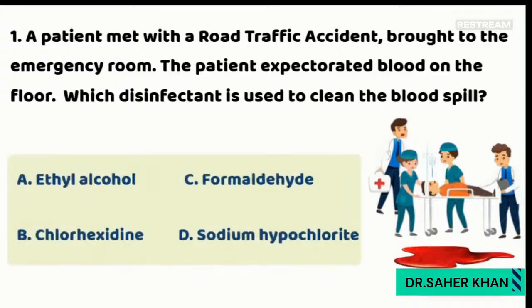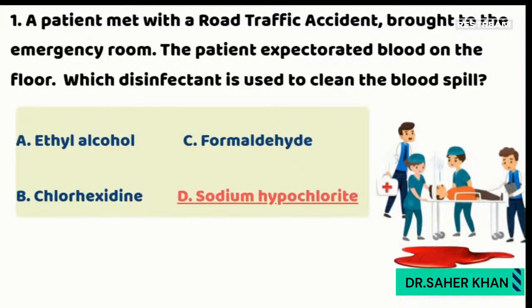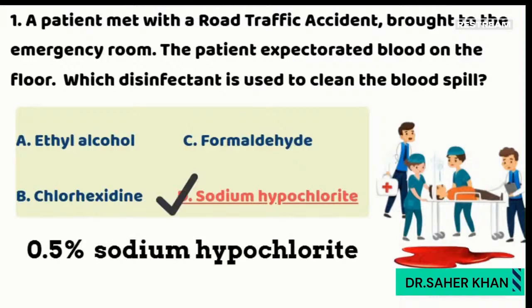This question pertains to blood spill management, and the appropriate disinfectant for cleaning the blood spill is sodium hypochlorite, which is a bleaching agent that effectively disinfects surfaces. So the correct answer here is sodium hypochlorite, and the ideal concentration for this purpose is 0.5%, which is commonly used in hospitals for cleaning blood spills.